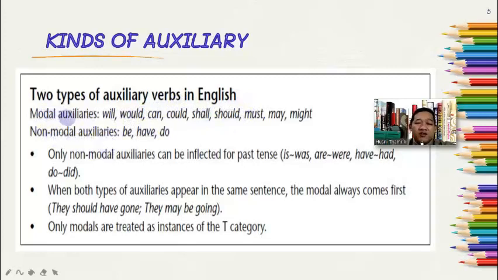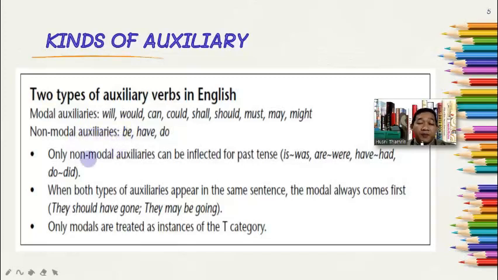Okay, what are the modal auxiliaries? Modal auxiliaries: will, would, can, could, shall, should, must, may, might. It is called a modal auxiliary. Okay, we'll see that non-modal auxiliaries are be, is, am, are, have, and do, or it is called auxiliary verb.